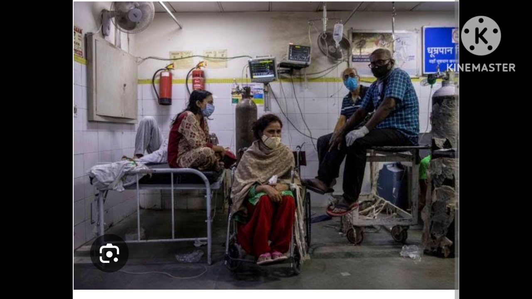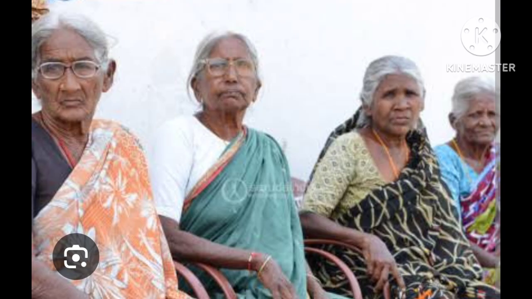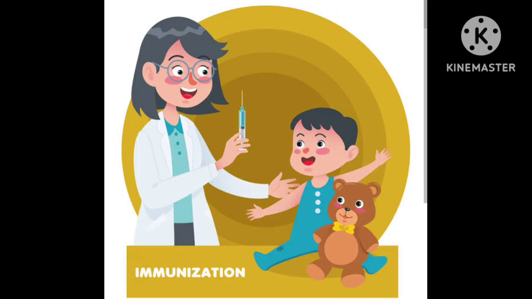Children and elderly, meaning old age people, who have very little immunity. Also children who have not been immunized. These are the susceptible hosts. They come under the risk factors, and this also comes under the mode of transmission.